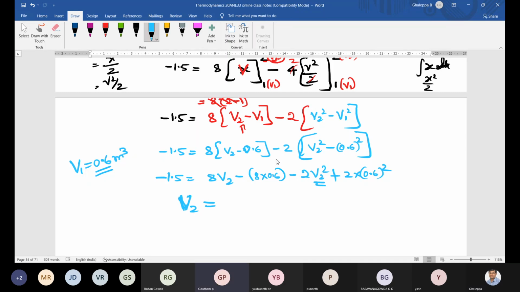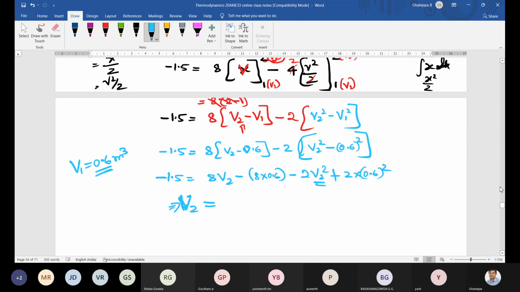Less than V1. Why is it less? There will be only two answers, either more or less. You have to give the reason for it. The answer is right. The value of V2, the final volume, should be less than this value.